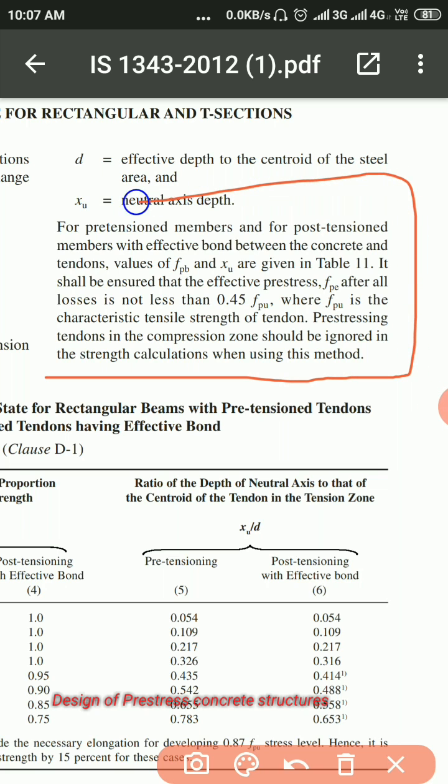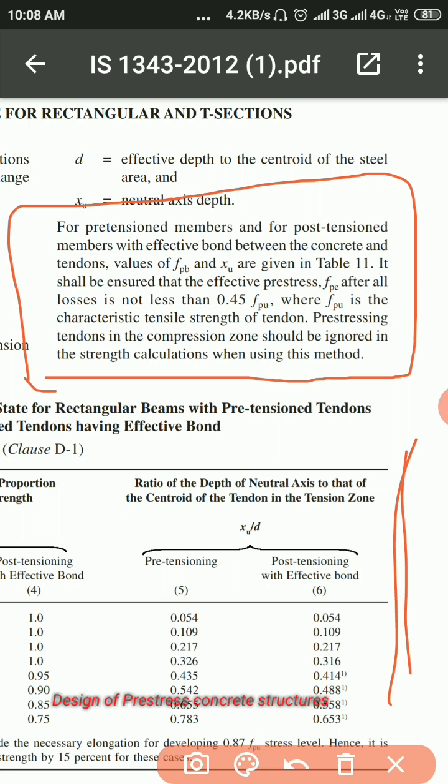I'll repeat this statement and we'll see what is there in table 11, right exactly below this clause. For pre-tension members and post-tension members with the effective bond between concrete and tendons, the values of FPB and XU are given in table 11.